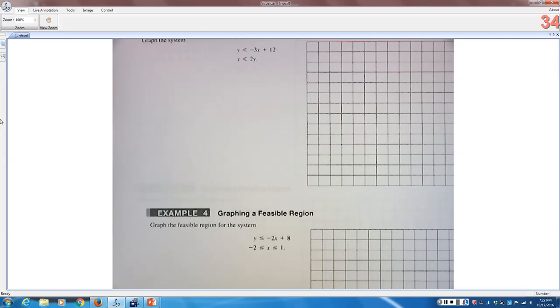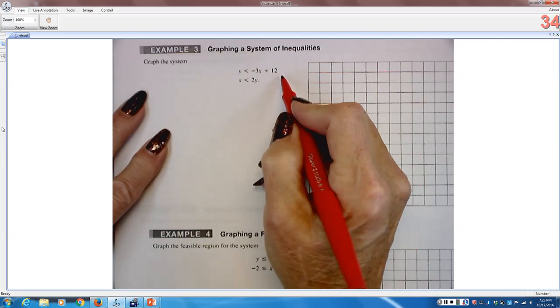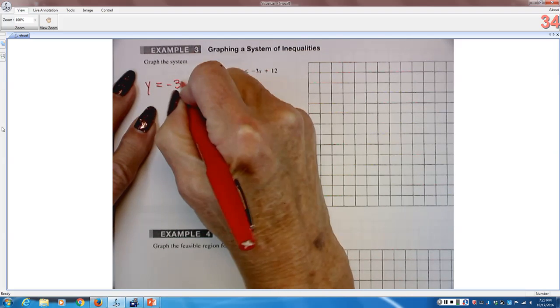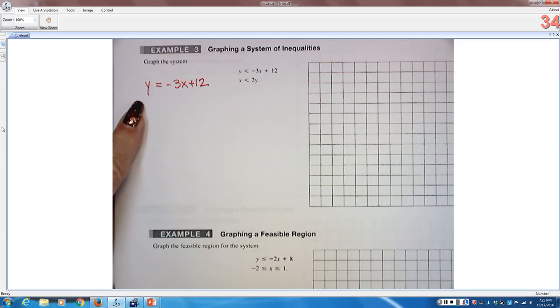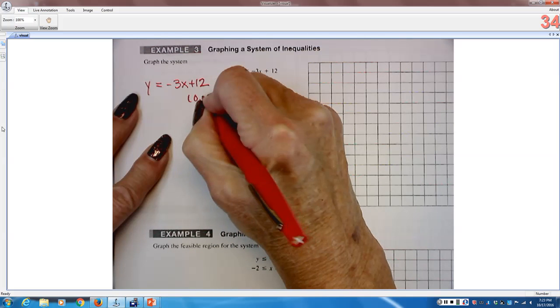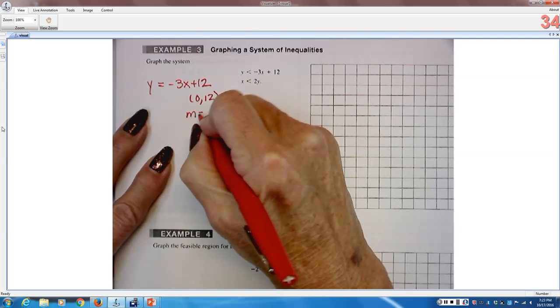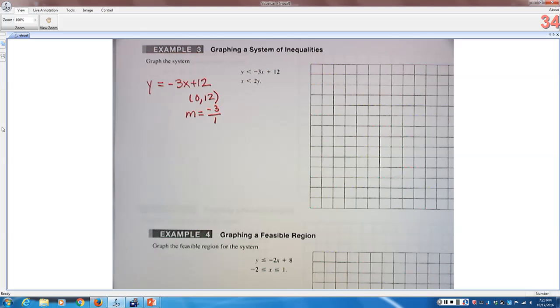So here's what we do first. We're going to graph y equals negative 3x plus 12. And since that's already in slope-intercept form, it's easier to graph that one by plotting its y-intercept and then using the slope to get our second point.